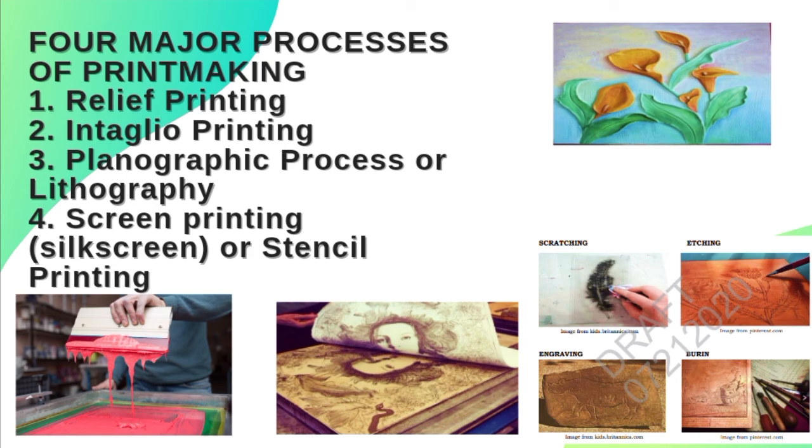Then, using oily or greasy crayon, ita-transfer nyo yung greasy colors or pigments na nagawa nyo doon sa unang artwork, transferring from another media. So, ang pinaka-best example nito is yung paggawa ng stampad. Yung paggawa ng stampad, lithography ang ginagamit.